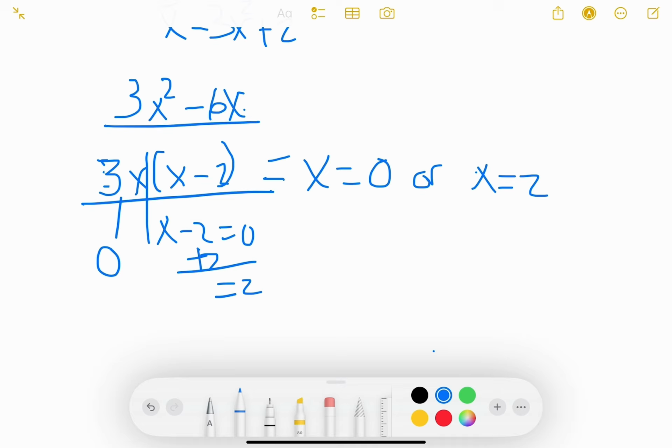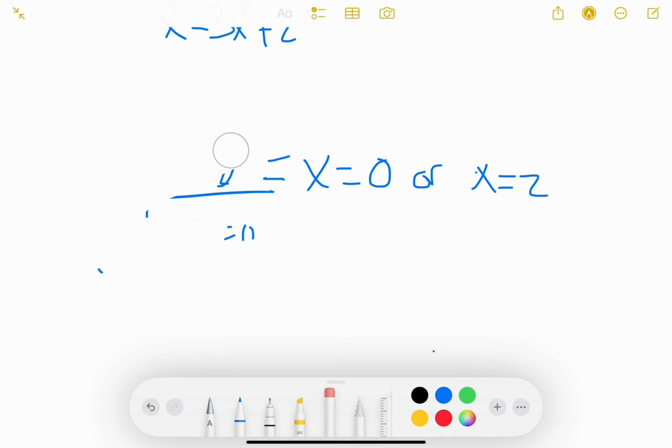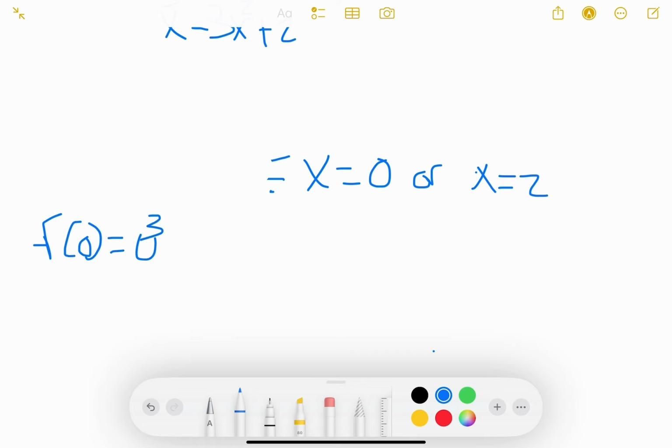And then we want to plug these back into the original function. So we do f of 0, which is 0 cubed minus 3 times 0 squared plus 2, which is 2.